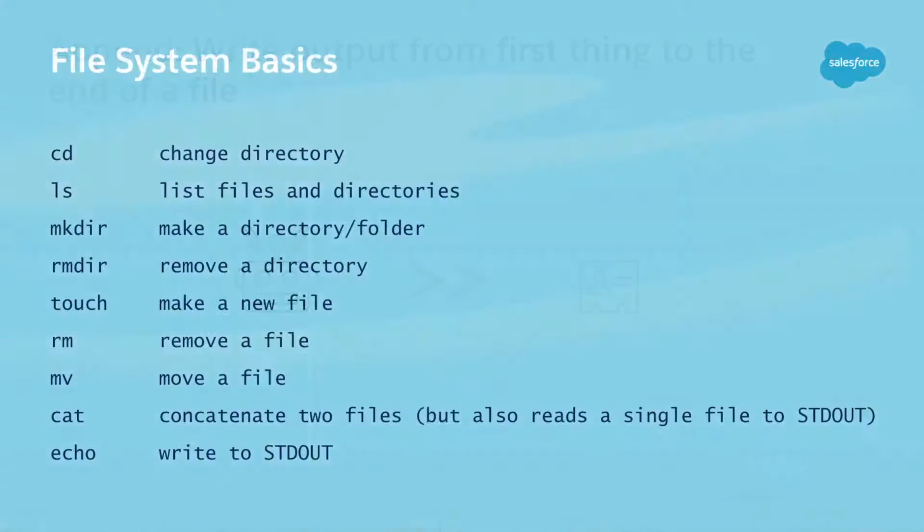Now, I want to do a whole bunch of things around really basic manipulation of the file system, because in the end, these command lines, these shells, are really just a wrapper around the guts of what's going on in your computer. It's just surfaced in a way that's text-based as opposed to clicking on buttons. So everything that you would normally do in something like Finder or Windows File Explorer, you can actually do in the command line as well.